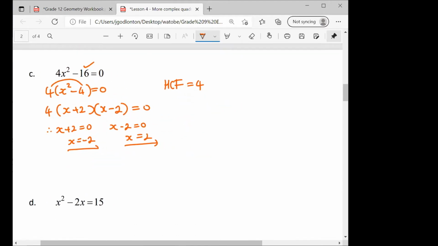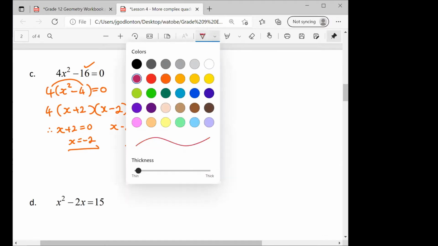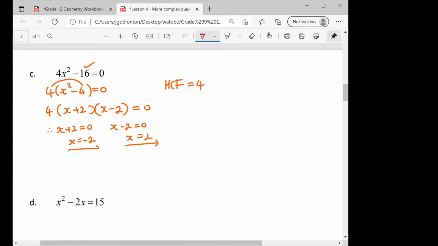There we go. Okay. So what we're looking at in D is, first of all, we have an x squared, which means we know that it's a quadratic equation, which means we need to move everything to one side and make it equal to 0. And then we have 3 terms. And so that means we're dealing with a trinomial.